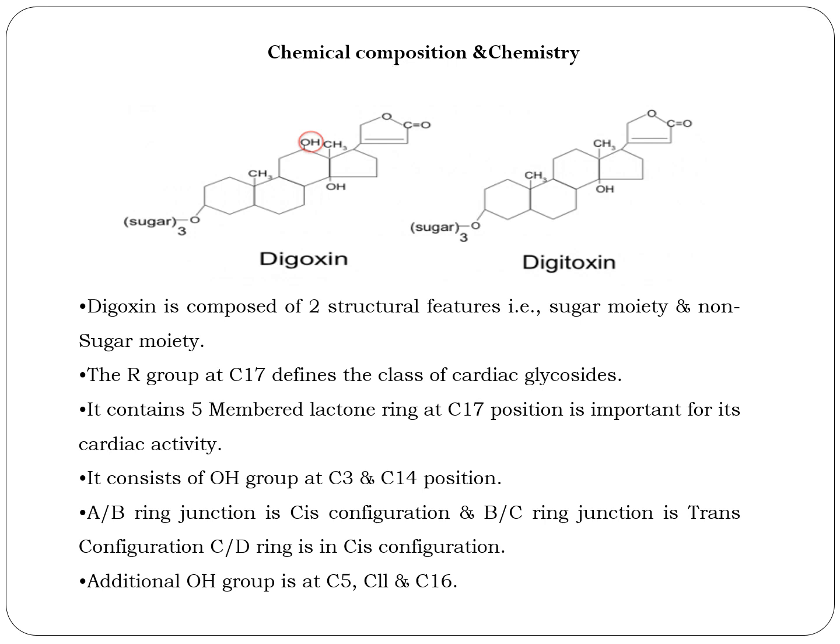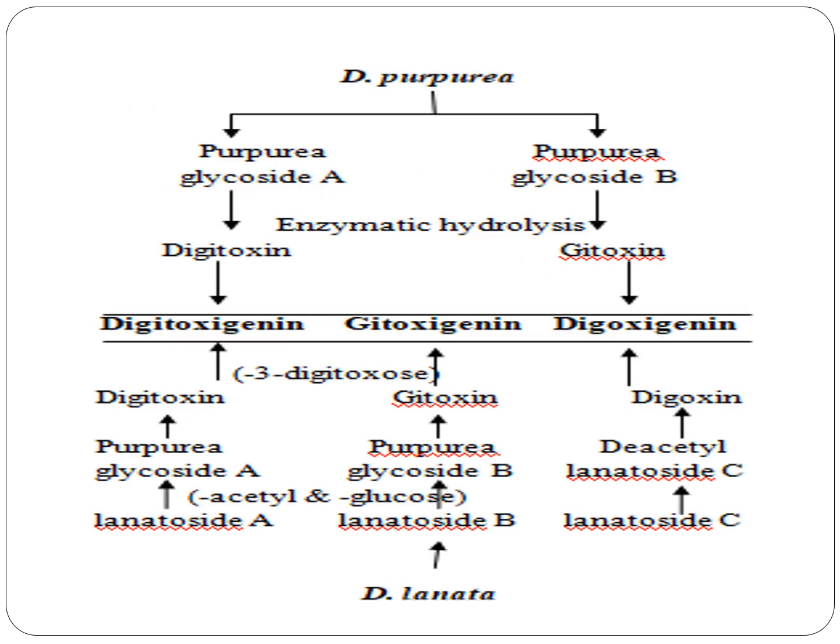It has hydroxyl groups at the C3 and C14 positions. The AB ring junction is cis configuration and the BC ring junction is trans configuration. The CD ring junction is cis configuration. Additional hydroxyl groups are seen at C5, C11 and C16.